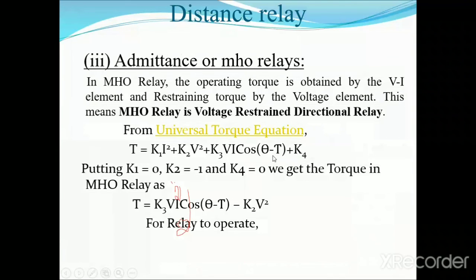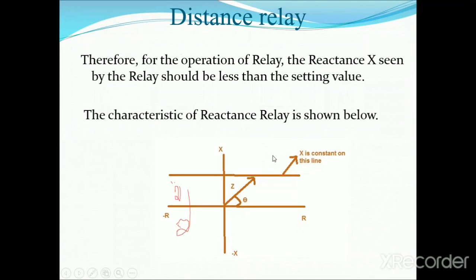In that case, the characteristic shows that the resistance component of the impedance has no consequence on the operation. The point below the operating characteristics is called the positive torque region. In this region only the relay will operate.